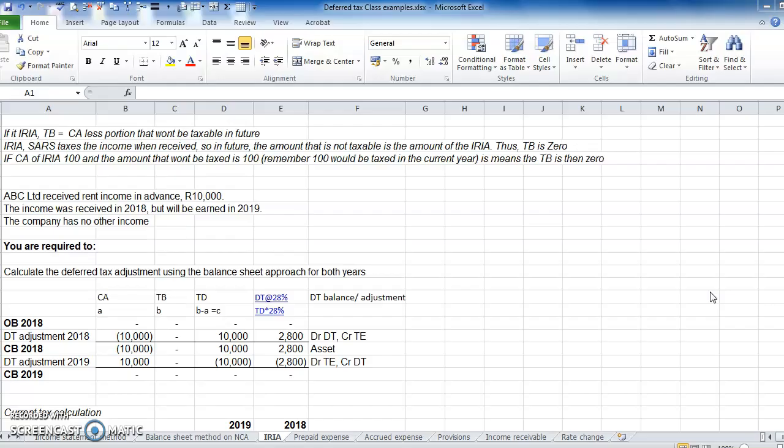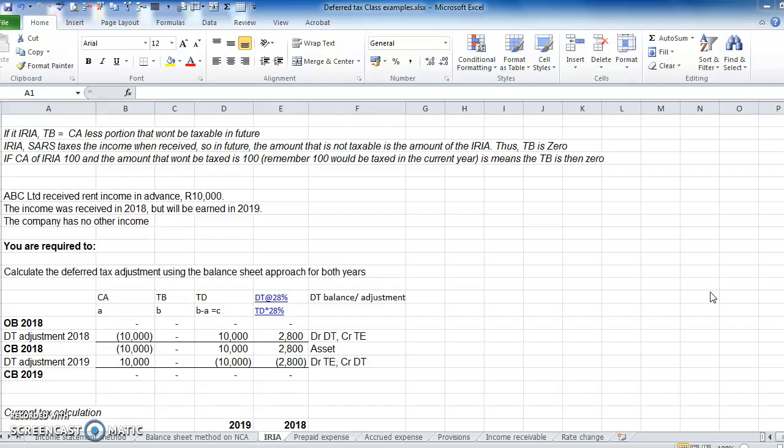So the carrying amount minus tax base will give us a temporary difference, and we'll calculate our deferred tax balance based on the temporary difference. And remember, we calculate our adjustment by deducting the closing balance of the deferred tax asset minus the opening balance of the deferred tax asset, right?